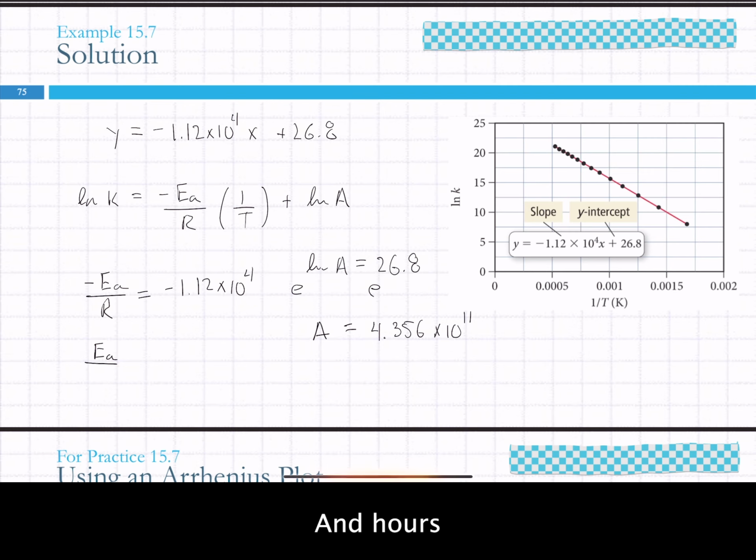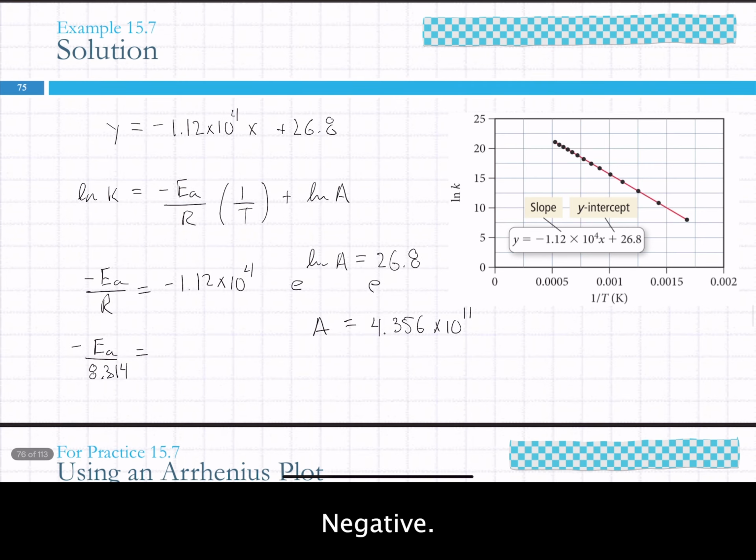And R is 8.314. So really this is going to be negative 1.12 E to the 4 times 8.314 negative. Make that negative, so the negative cancels.